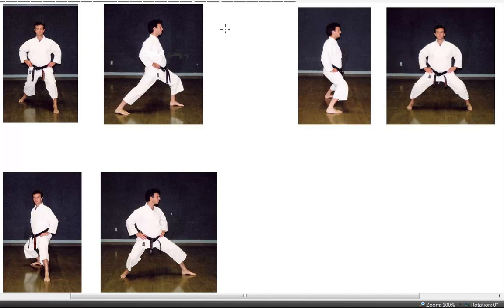Let's call this one stance A, this one stance B, and this one over here stance C. As you can tell, if you have any background in Shotokan, this is a front stance, this is a back stance, and this is a horse stance. So let's list these. Stance A is called zenkutsu-dachi.